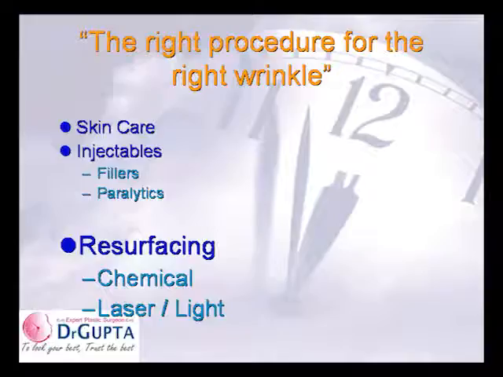And then injectables with fillers and paralytics, which is the fat grafting, the hyaluronic acids, the Sculptras, versus Botox and Dysport on the paralytic side, are the next level. Finally, we come to resurfacing, which can be in the form of chemical peels or laser and light-based treatments.